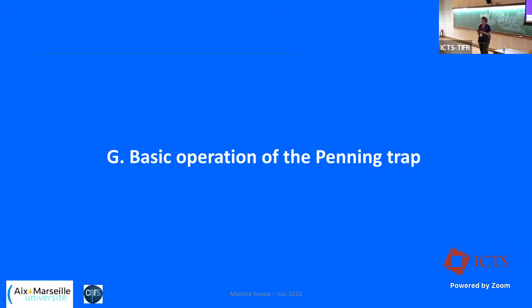These larger multiple traps are used a lot in cold collisions and reaction rates. There are people who also try to superpose cold ions in a linear trap with cold atoms from optical traps.